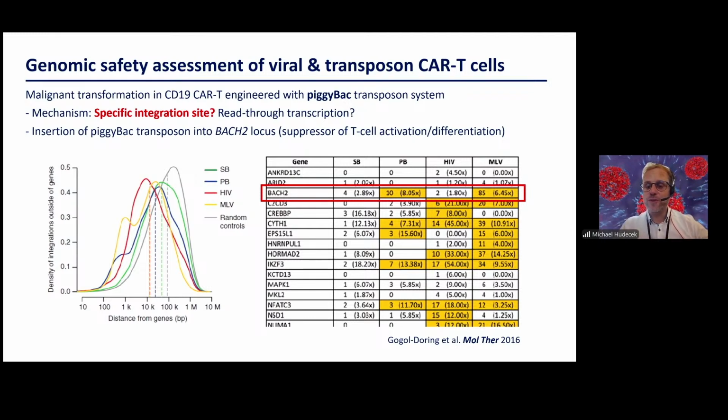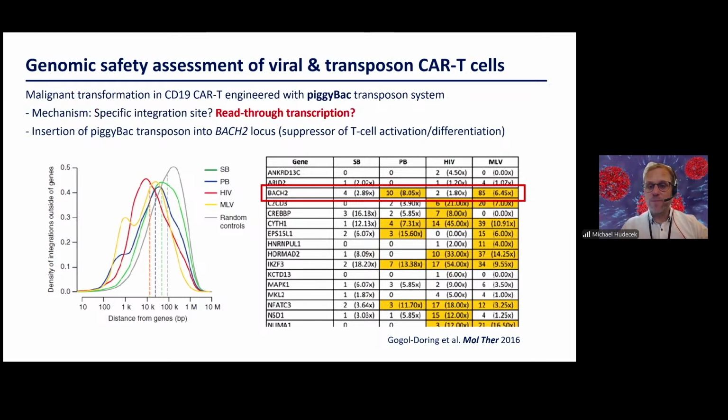And a couple of years ago, Zoltán Ivics, our long-term collaborator, had performed genomic insertion profiling and actually had shown that the piggyBac transposon, very much like gamma retroviral vectors, seems to have an insertion preference into the BACH2 gene locus. The good news is this does not seem to be the case for lentiviral vectors, and for sure not for the Sleeping Beauty transposon. So this has a clear path here.